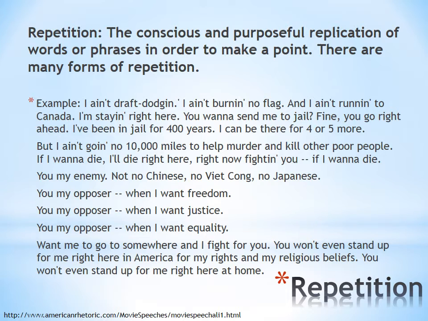So always remember that when we're looking at something, we're saying, yes, it is repetition, but is it a particular type? And why is the writer choosing that type over another type? So here's an example. I ain't draft dodging, I ain't burning no flag, and I ain't running to Canada. I'm staying right here. The repetition of the phrase, I ain't, says that's what I'm not going to do.